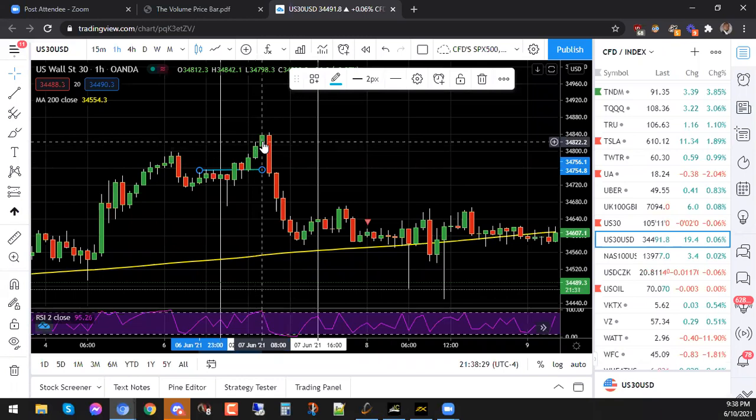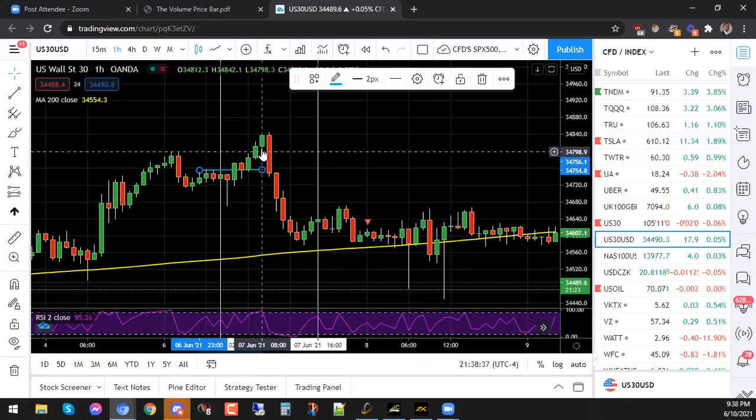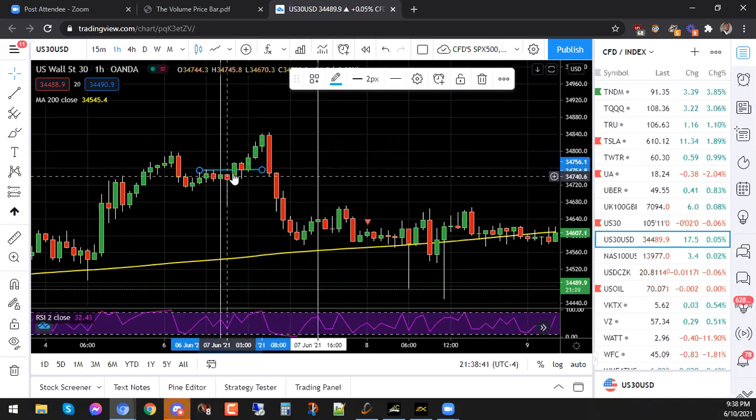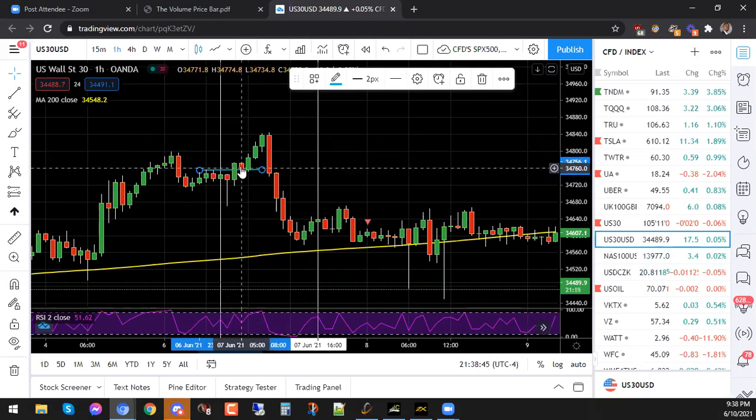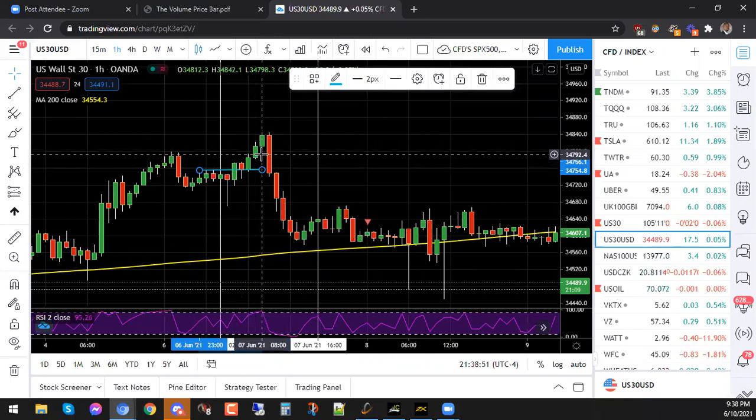And as you can see, our next exit, generally, we would be looking to exit around 12 p.m. or so.